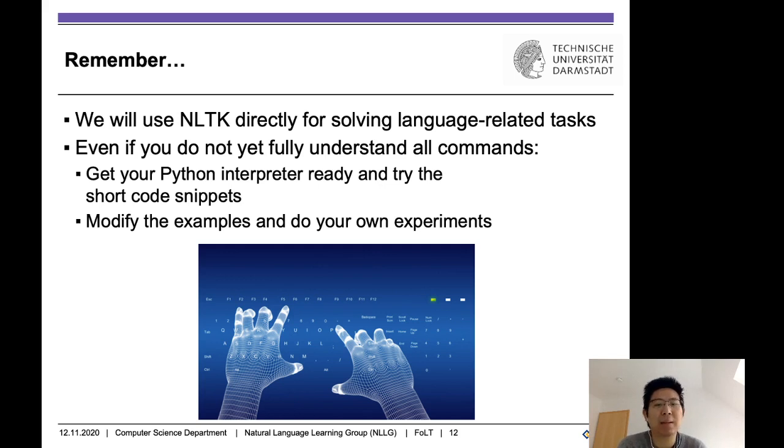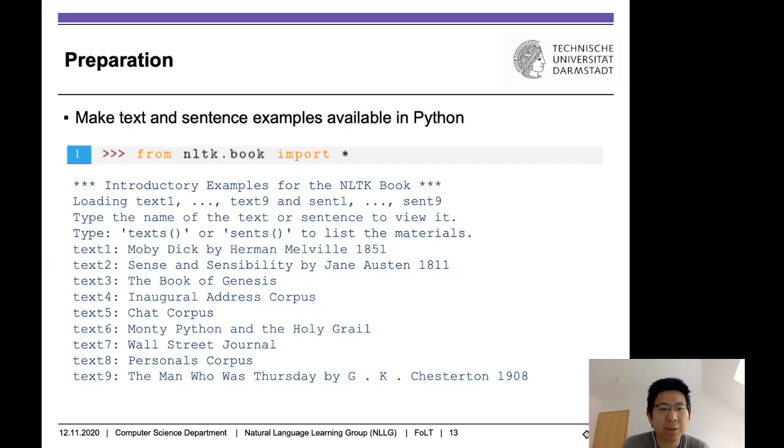And you can always find many great resources, especially documentation, to help you understand the details. Let's take a look at real examples to show how to use NLTK to make some basic analysis for text.